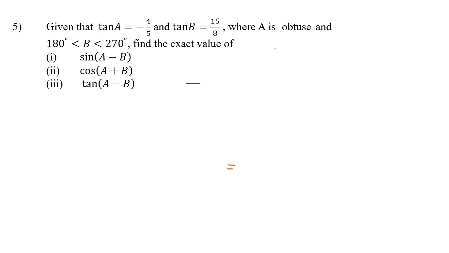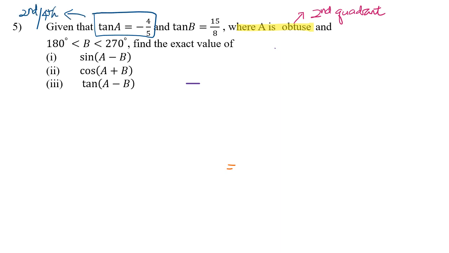An obtuse angle is one that is more than 90 and less than 180, so that will be in the second quadrant. For tangent A to be negative under your ASTC, tangent negative will be in the second and the fourth quadrants. So the intersecting quadrant will be the second quadrant for angle A.